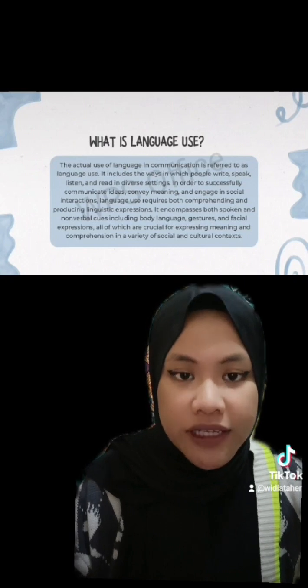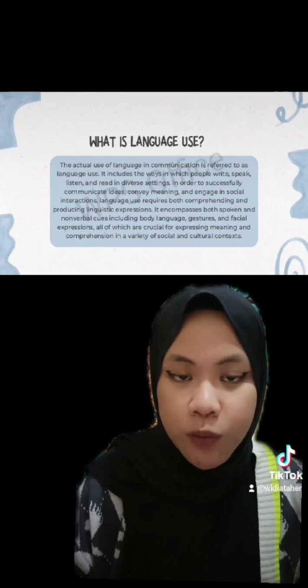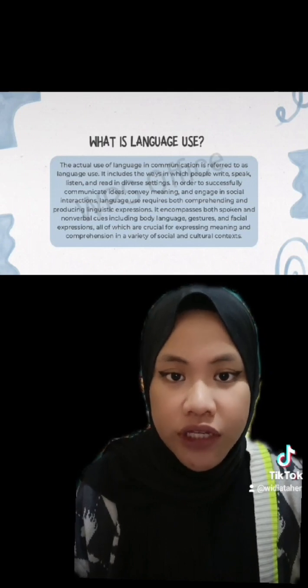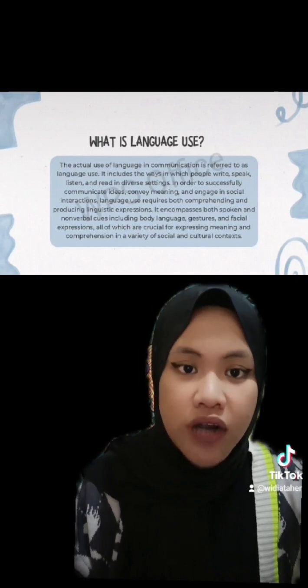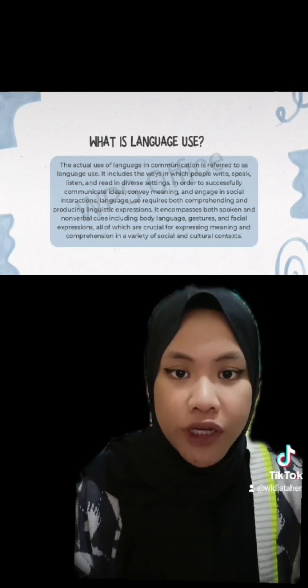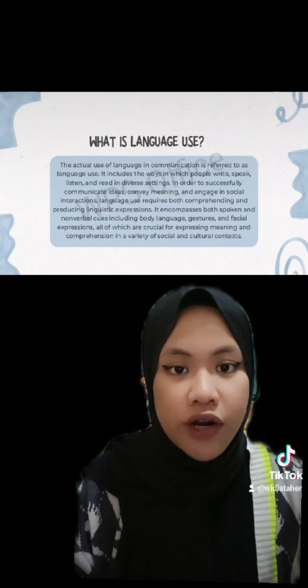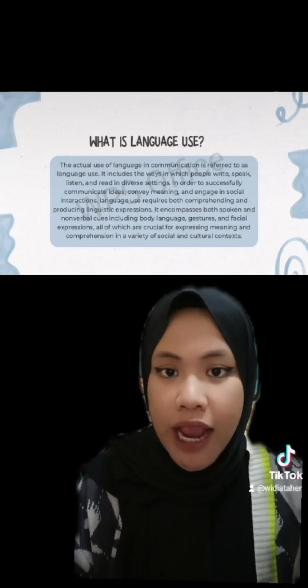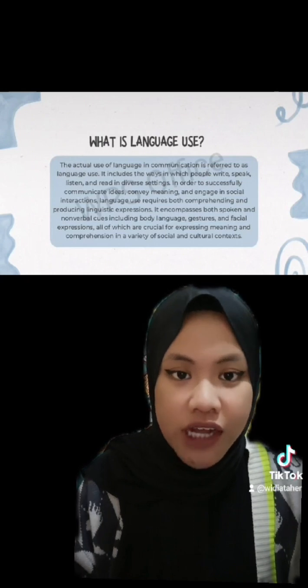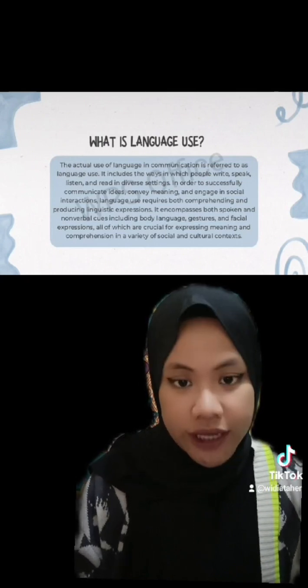It encompasses both spoken and nonverbal cues, including body language, gesture, and facial expression, all of which are crucial for expressing meaning and comprehension in a variety of social and cultural contexts.